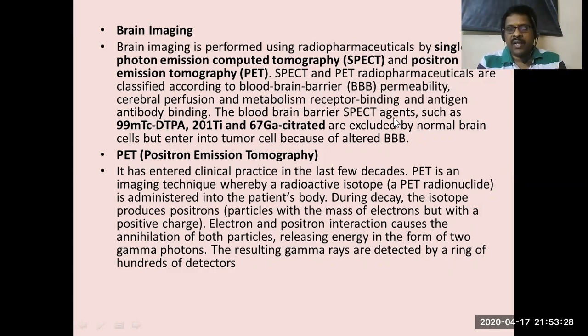So if they are able to cross this blood-brain barrier, they can be used here. Examples of such radioactive compounds are technetium 99 DTPA, thallium 201, gallium 67, which are excluded by normal brain cells and enter into tumor cells because of an altered blood-brain barrier. That can be viewed externally by using the detectors in these scanners.